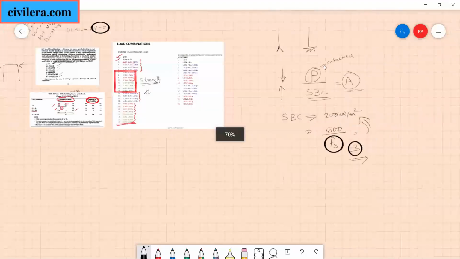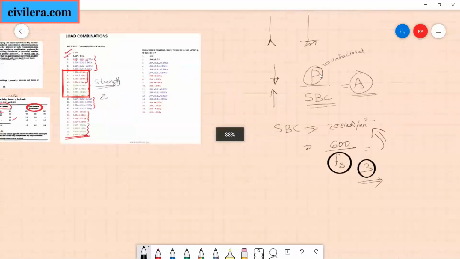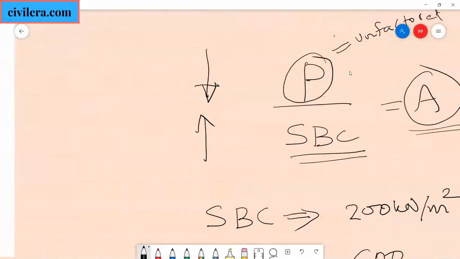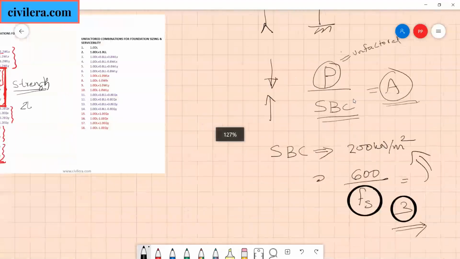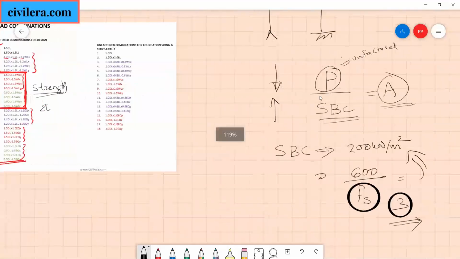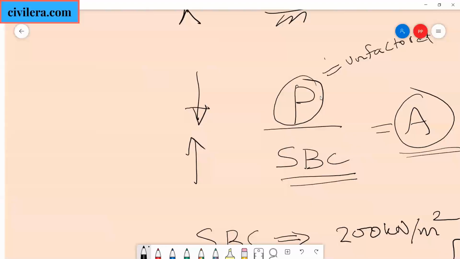So the code is not asking you to factor the load as well, because there will be a bit of higher size coming there, uneconomic coming there. You have already taken care of that. So you are not required to use a factored load here. But once you get the size and then when you start designing, yes, you will have to use factored loads when it comes to design for shear force, moments, punching and all that in your column.